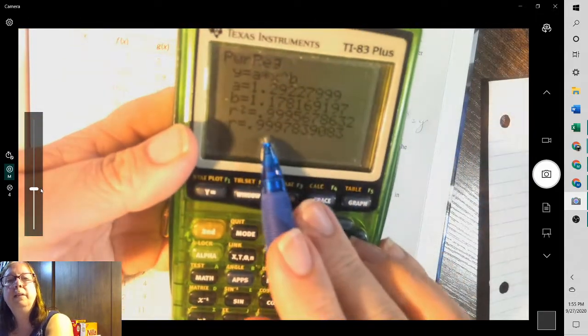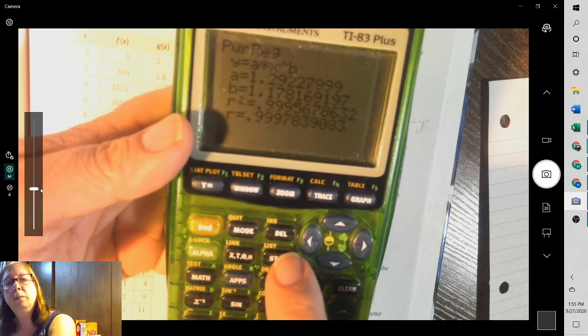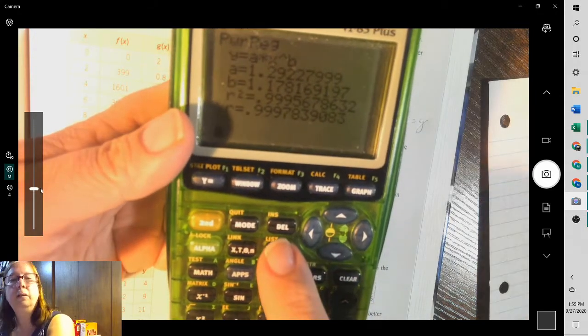Then r is 0.9997. Well, that would round to an 8. So this was the power function, let's try the linear.